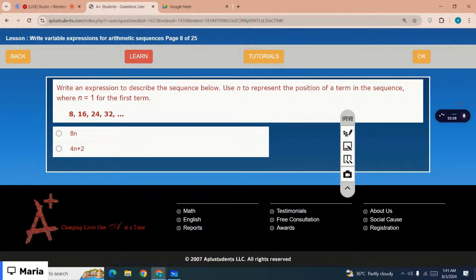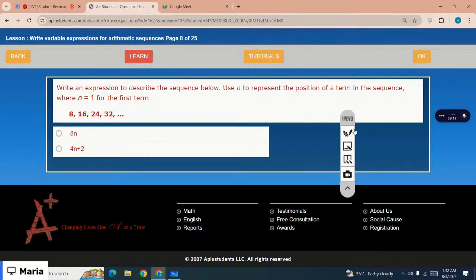So, which is the correct option? The correct option is option number one.